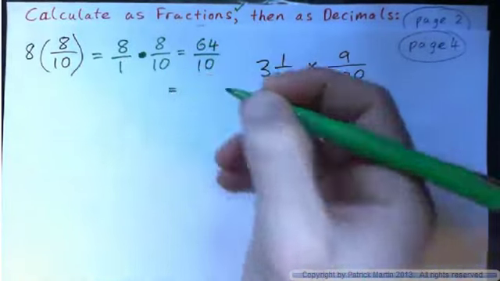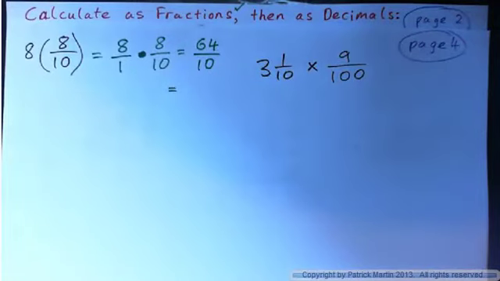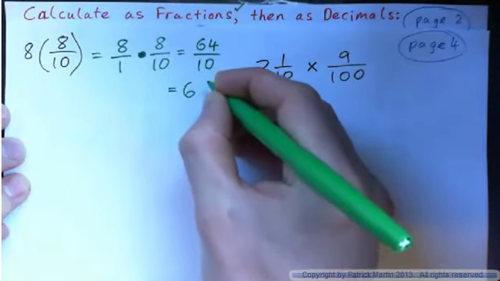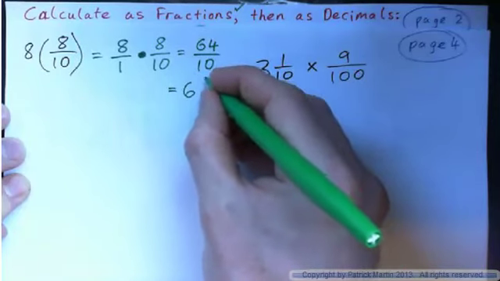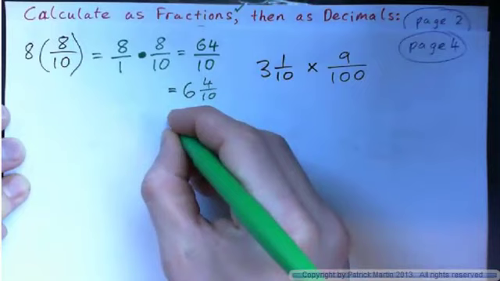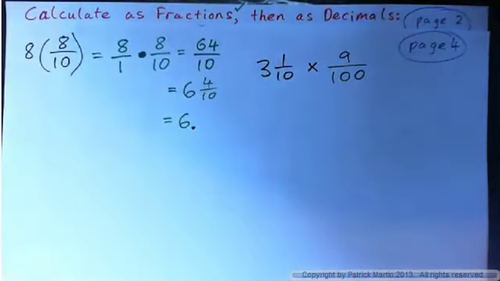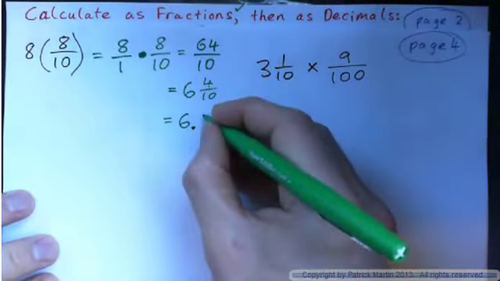How do you write 64 tenths as a decimal? Well, you could say it is 10 into 64 goes 6 times remainder 4. It is 6 and 4 tenths. So that is 6 point what? Is that 6.4?